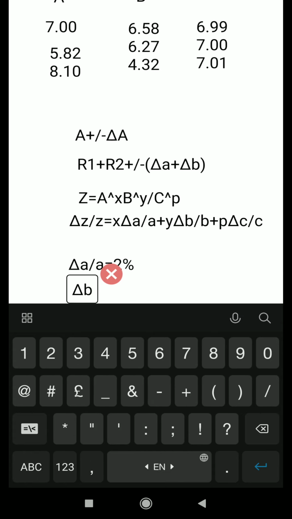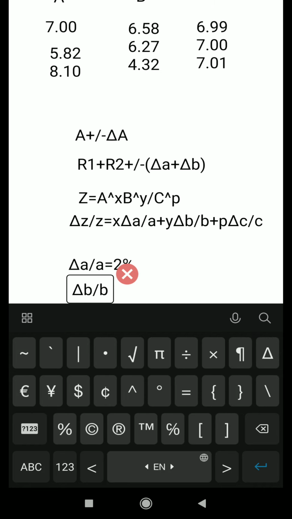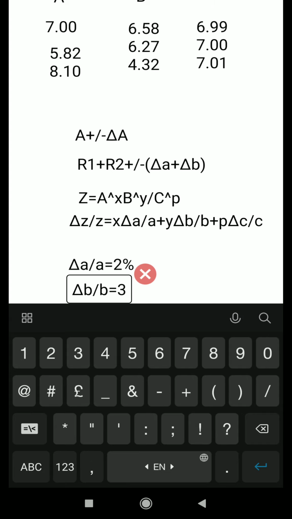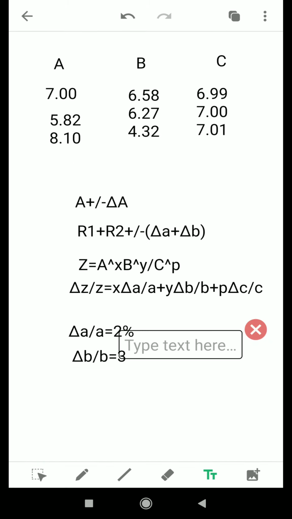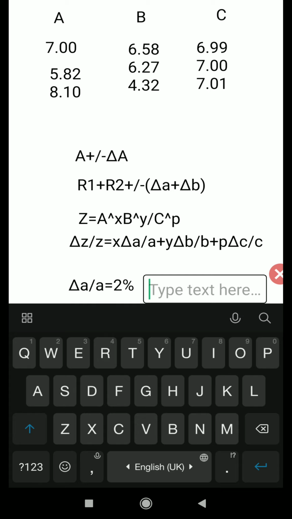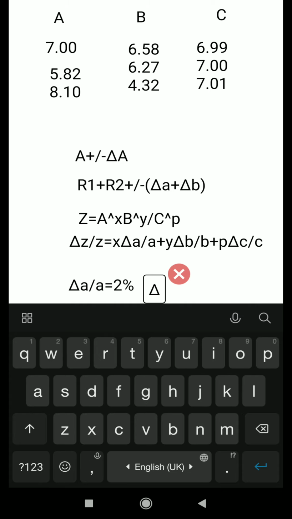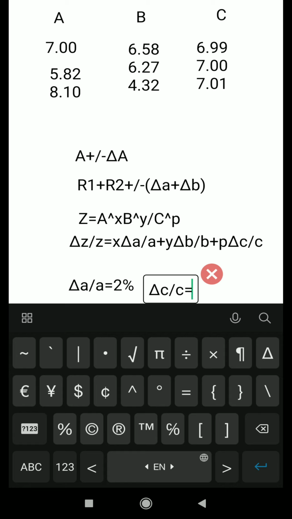So I should write them. Del B by B is 3% and for del C by C, del C by C is 4%.